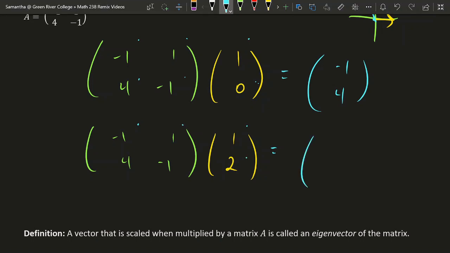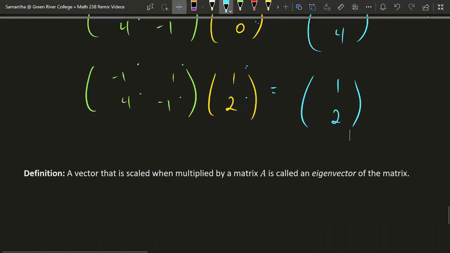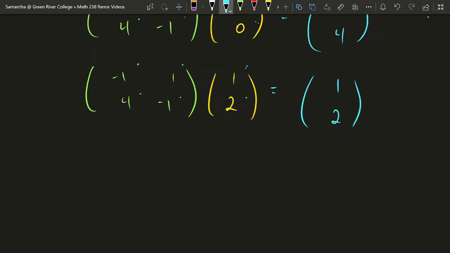So the result of that would be -1 plus 2, so +1. Then we have 4 times 1, -1 times 2, so that would be 4 minus 2, that would be 2. This particular vector is completely unchanged by application of the matrix.